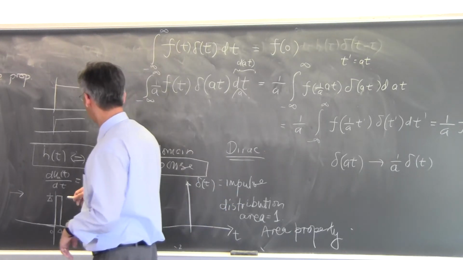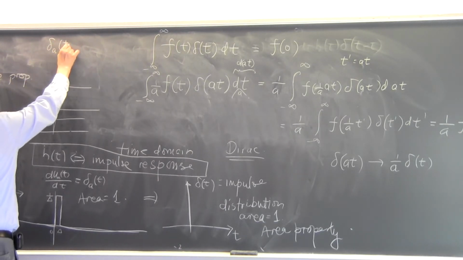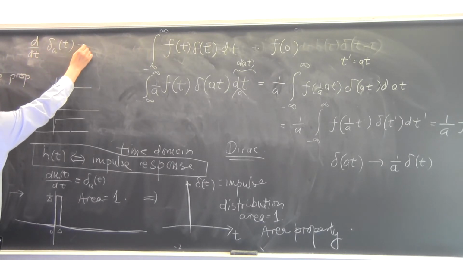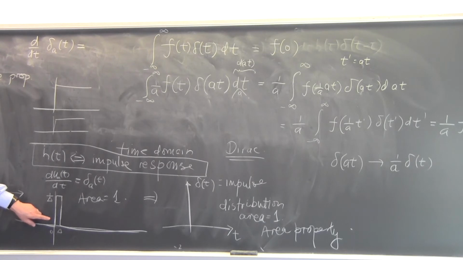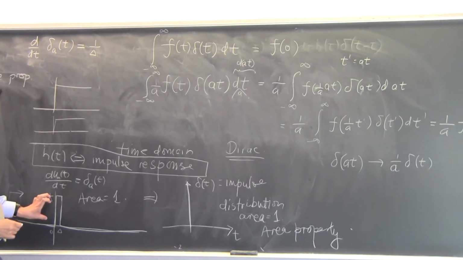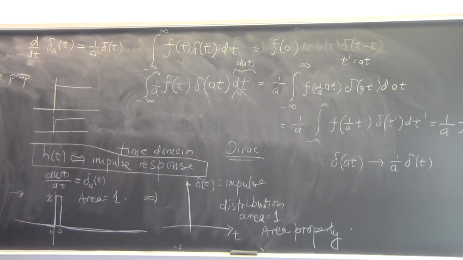Okay? So if I were to take the derivative of an approximate delta function, let me call this the approximate delta function, I will get a delta function on the left-hand side, okay, which is 1 over delta, the height of this thing, times delta t, right?